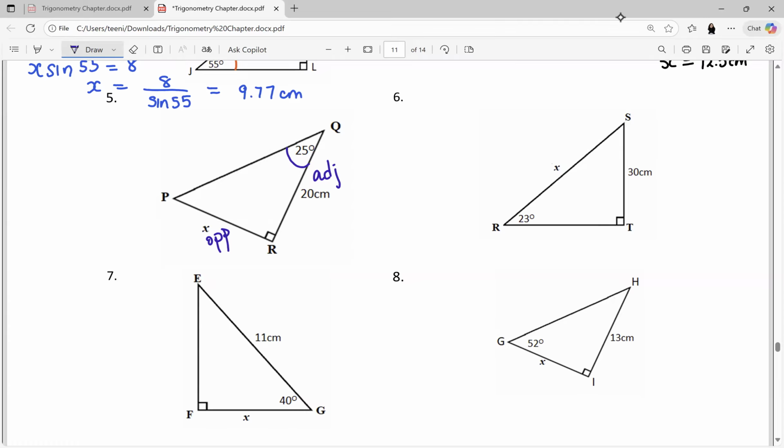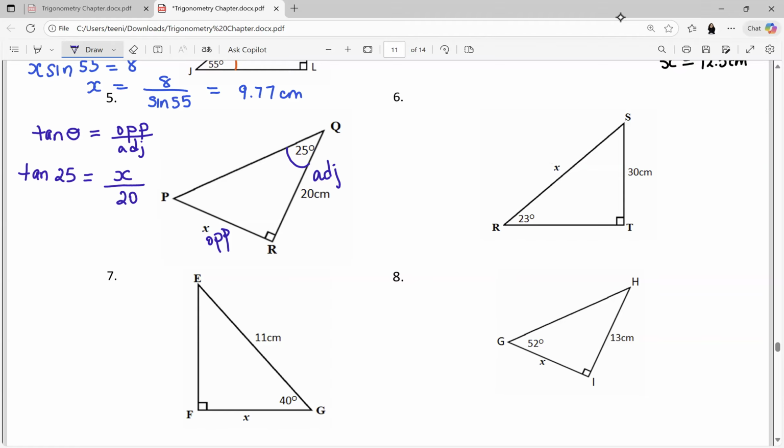Therefore, the ratio that we will use here is tangent. So tan of theta is equal to opposite over adjacent. Therefore, tan of the angle of interest, 25 degrees, is equal to the opposite side, which is x, over the adjacent side, which is 20.